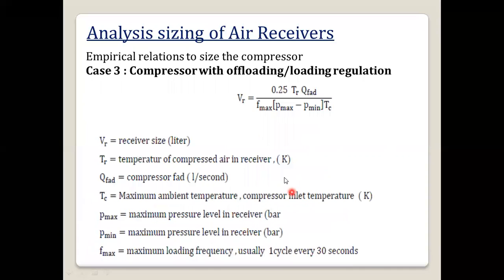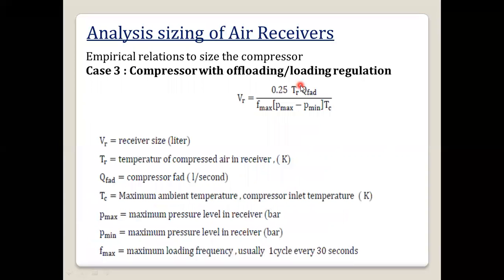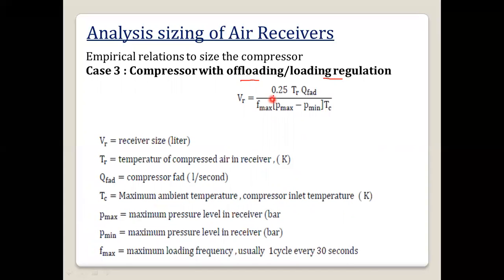In case 3, we consider a compressor with offloading and loading regulation. Then the receiver size VR will be equal to 0.25 TR into QFAD divided by F max into P max minus P minimum into TC.